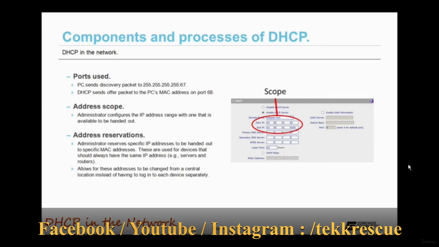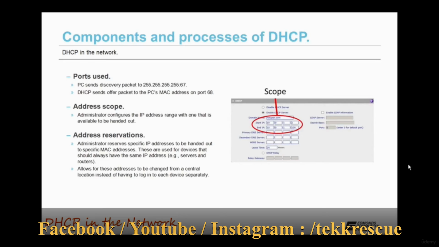Now these are administrator configured reserved IP addresses. The administrator reserves specific IP addresses to be handed out to specific MAC addresses. Now these are used for devices that should always have the same IP address, as in servers and routers.